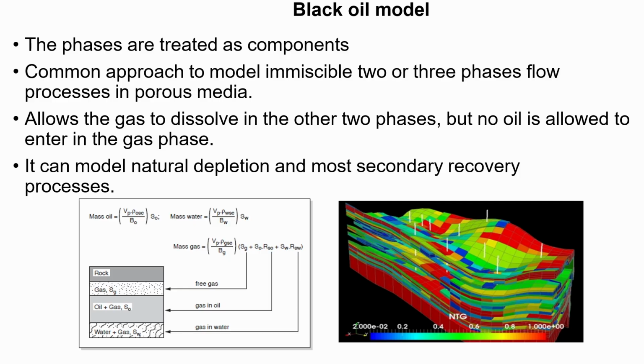This model is very useful for conventional reservoir engineering problems such as natural depletion and many secondary recovery processes. Its main advantage is simplicity and computational efficiency. When phase behavior is not too complicated, black oil models are often sufficient and widely used in industry.